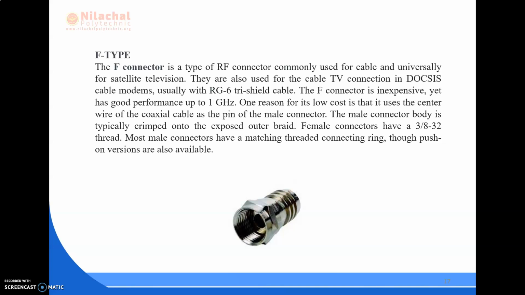The male connector body is typically crimped onto the exposed outer braid. Female connectors have a 3/8 inch 32 thread. Most male connectors have a matching threaded connecting ring, though push-on versions are also available.